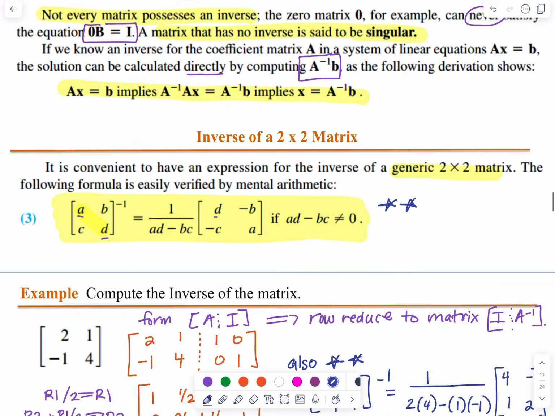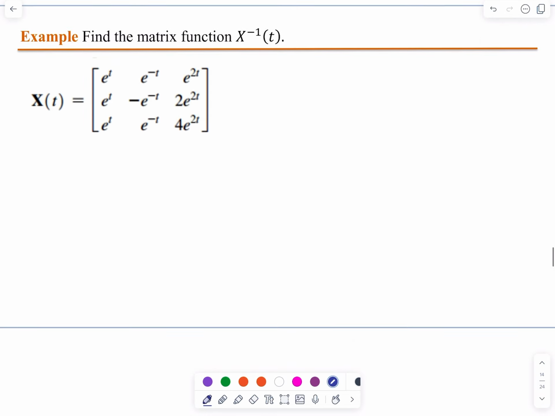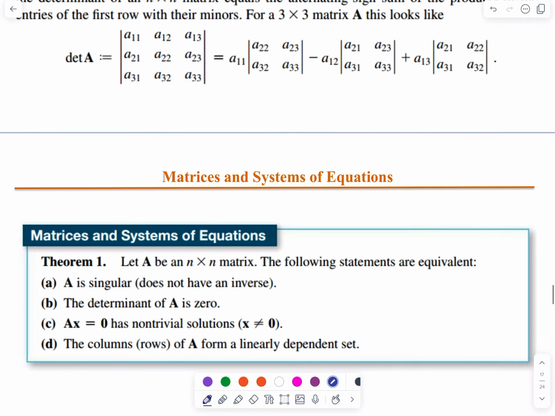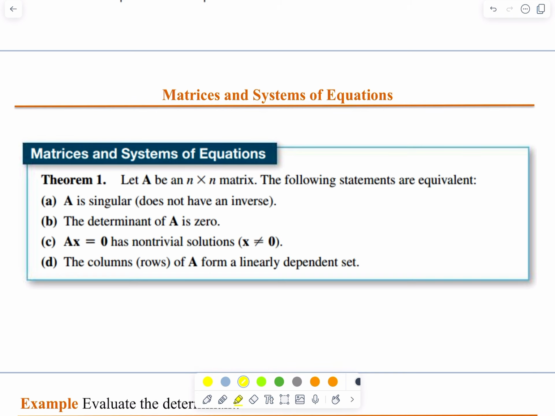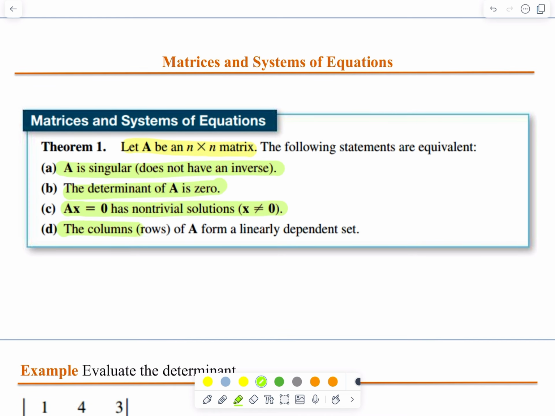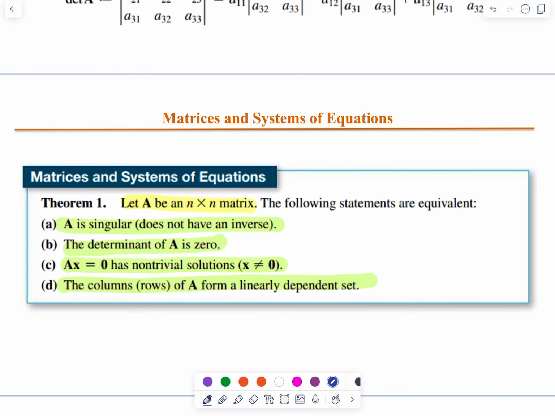And so basically we state here that let A be an n by n matrix, so we have a square matrix, and all of these statements are equivalent. A is singular, our matrix doesn't have an inverse. The determinant of the matrix is 0, which we haven't gone over yet in review. Ax equal to 0 has non-trivial solutions, and the columns or rows of A form a linearly dependent set.